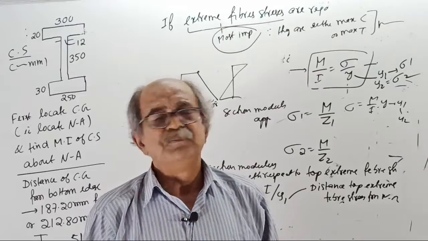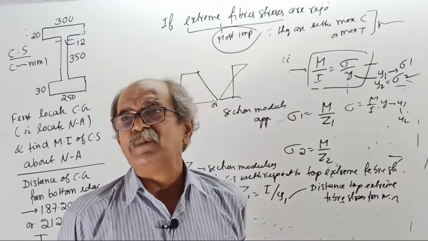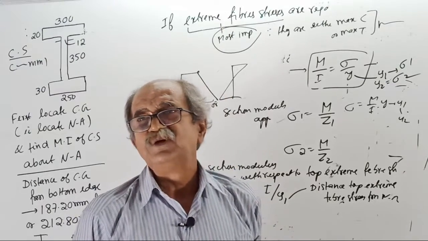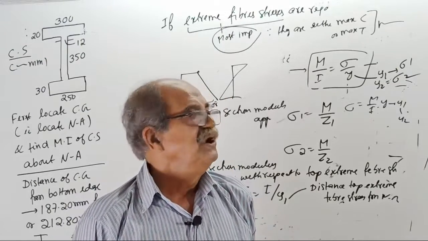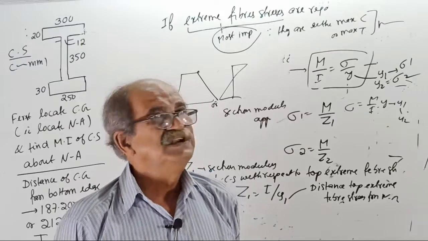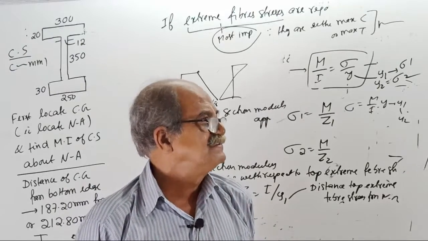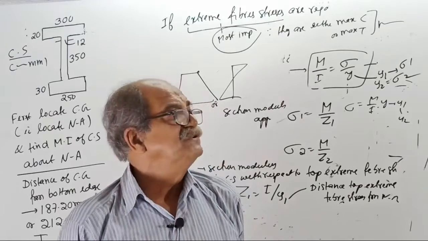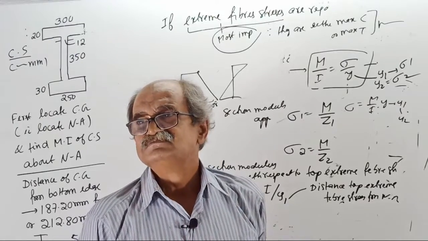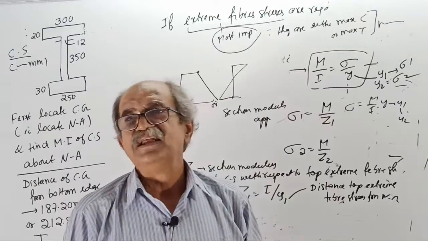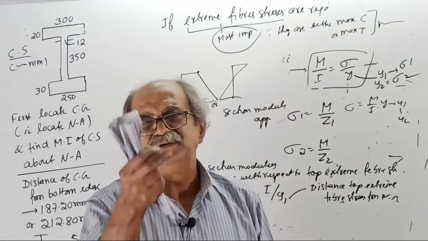Like, if I solve a problem by the moment distribution method, and I solve the same problem by the slope deflection method, actually they are also same. To be frank with you, moment distribution, slope deflection and Kani's method are all the same methods. But if I solve by the column analogy method, then the answer will tally if the method is correct. In my class, it will tally.